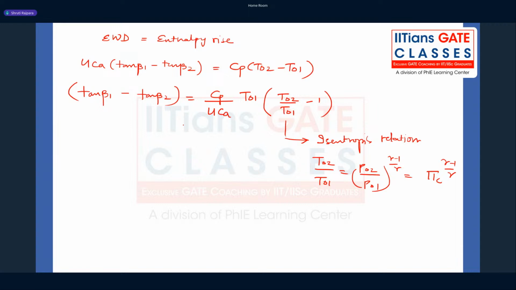Hence, the entire RHS will be known to us. So this becomes our first equation. The second equation, however, comes from the degree of reaction information. So they have given 50%, which can be denoted in terms of blade angles again.